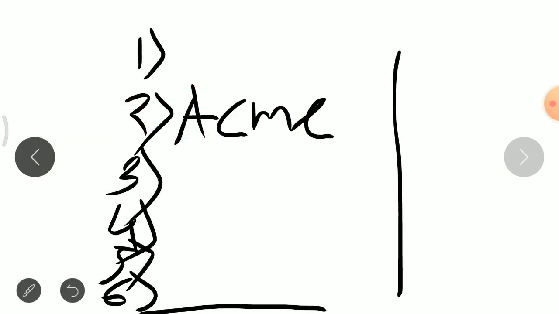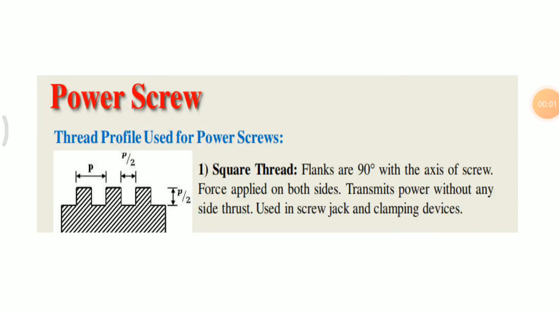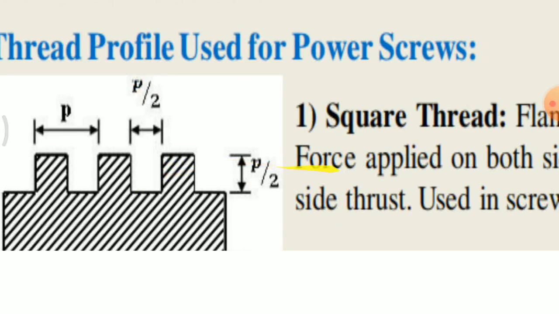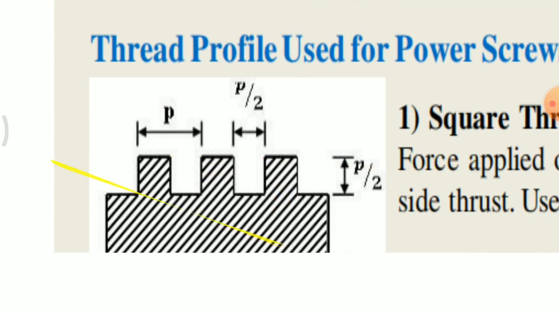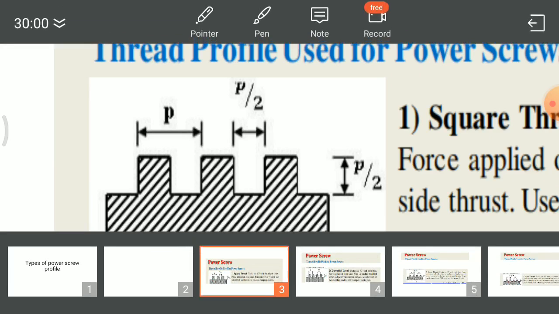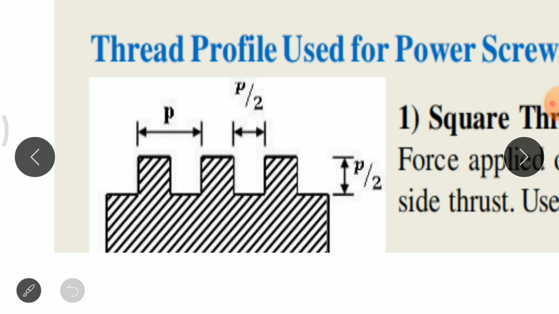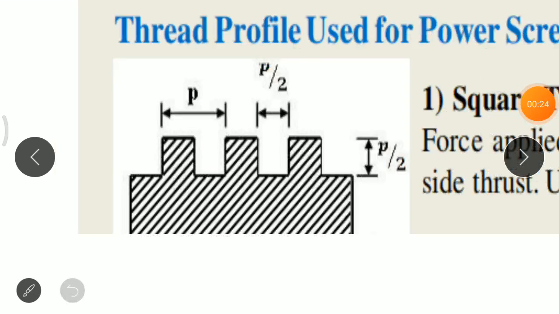Here we have the first type of thread, that is the square thread. You can see here the profile of the square thread. This is the profile of the thread section where the flank is at 90 degrees. This is the flank, in red color, and this flank is at 90 degrees to the axis of the thread.